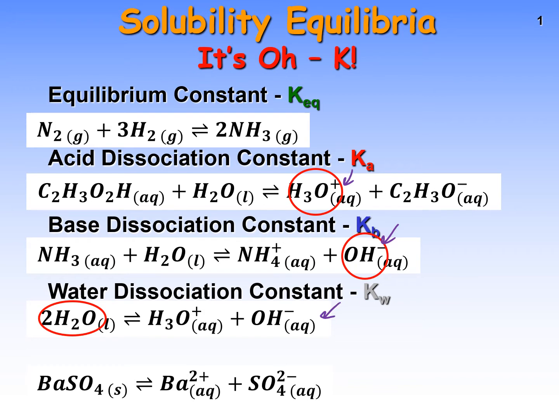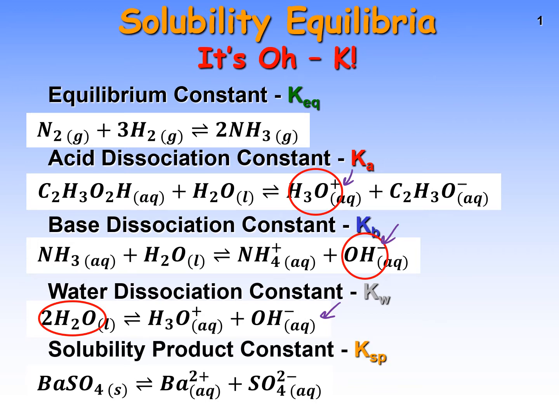Well, we actually have 2 more equilibrium constants that are special to talk about, and the next one is known as the solubility product constant, or in other words, KSP. Still just a regular equilibrium constant, but it's for solubility equilibriums, which are kind of special. As you might notice here, on our reactant side of this reaction, we have a solid, and that's it.